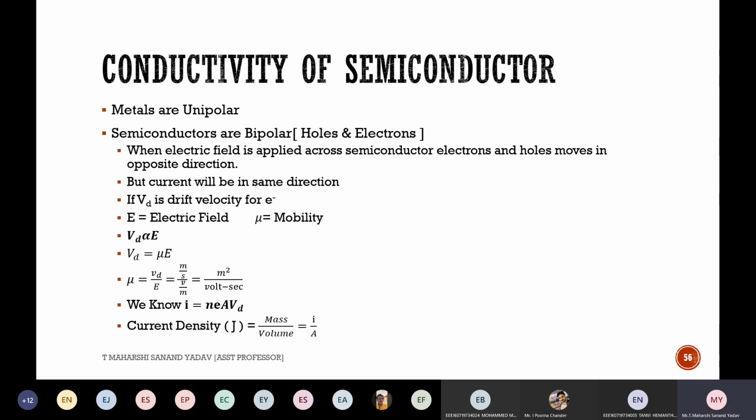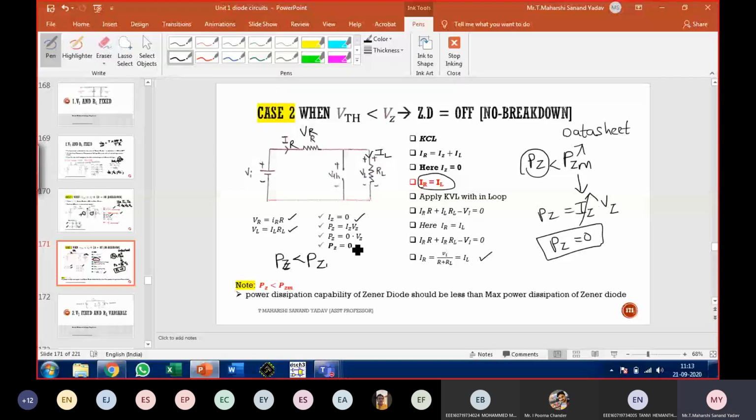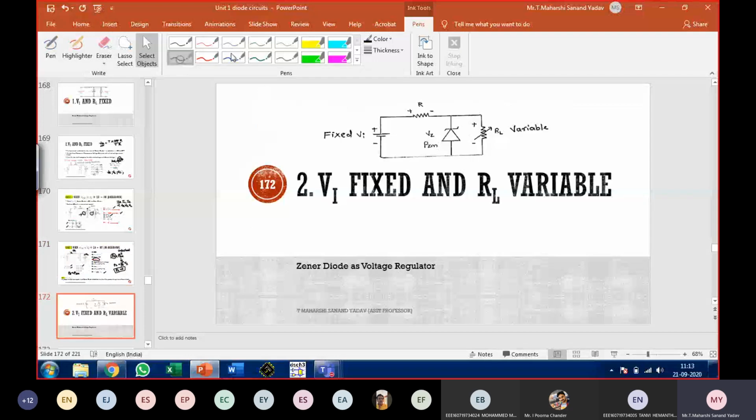If you go for the next thing, here I'm considering VI as fixed. Input VI is fixed, whereas RL is variable. If it is variable, it is represented something like this. This line indicates it is variable. Suppose if the input is variable, I'll represent it something like this. So when VI is fixed and RL is variable, there will be 2 cases.